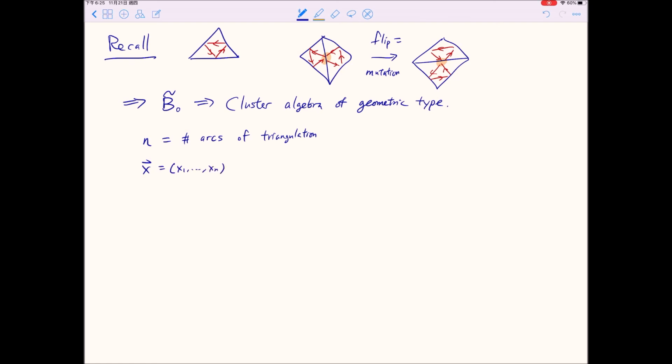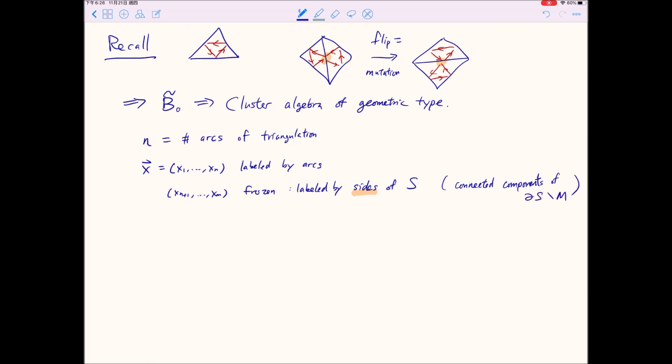So this will be labeled by arcs, and then the remaining variables will be the frozen ones, labeled by the size of S. So the size of S means the connected components of your boundary, removing the marked points.